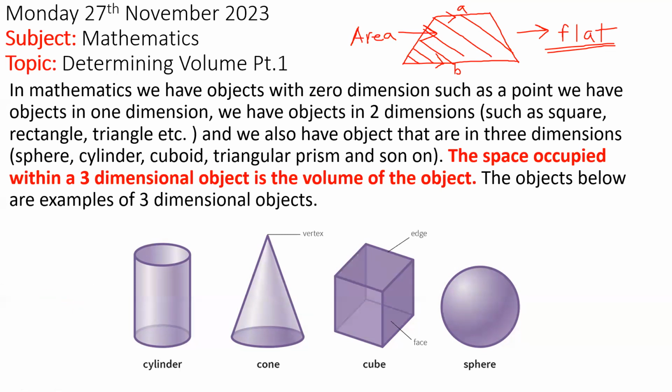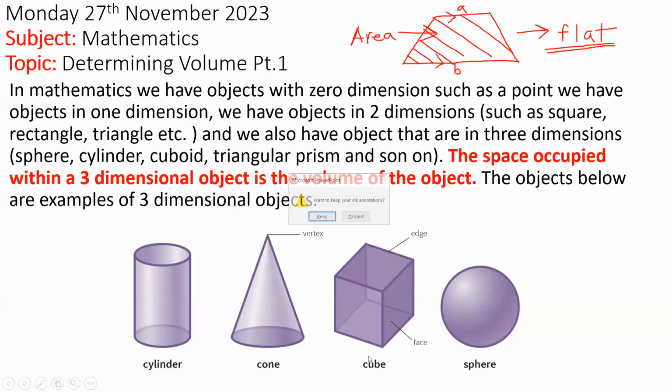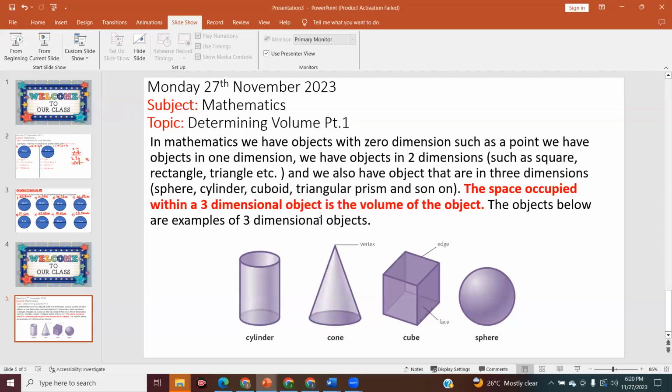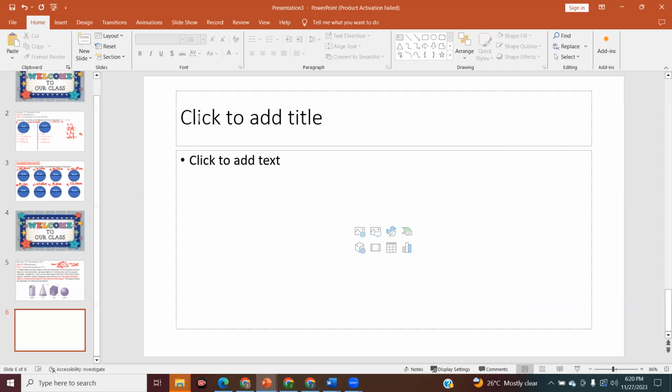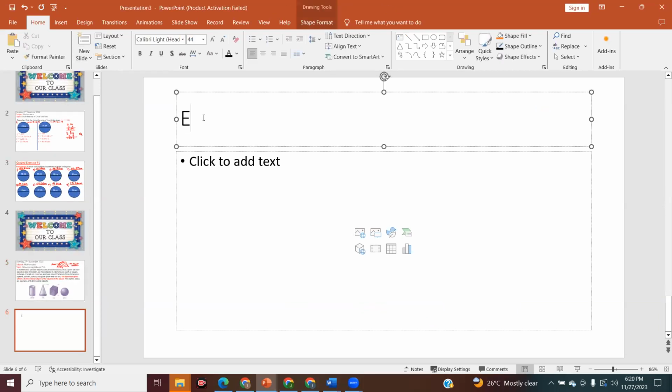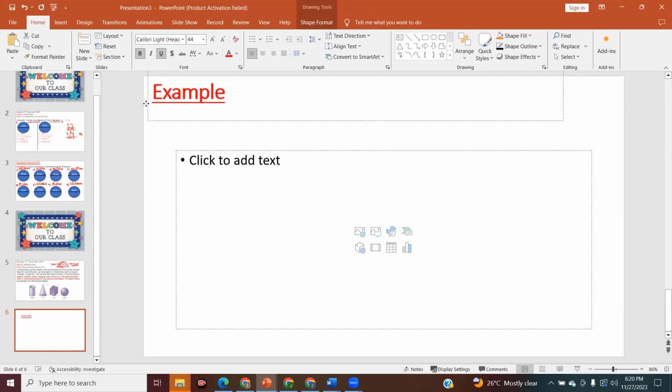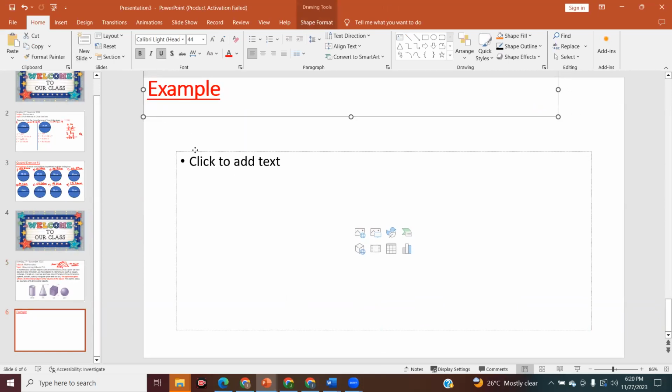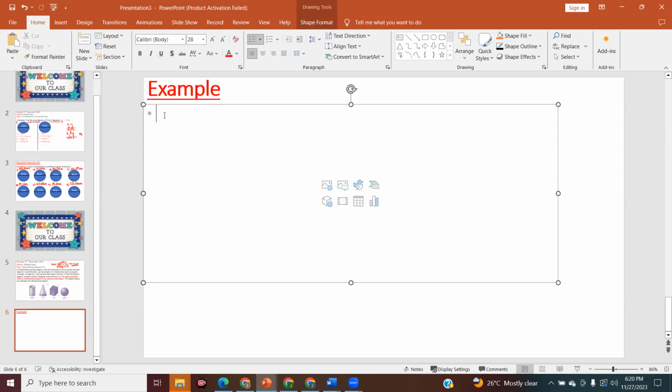So let's look at an example of what it means to be three-dimensional. Let's look at an example. In each case, we want to find the volume of the shape.